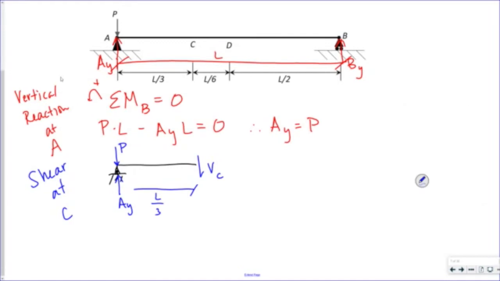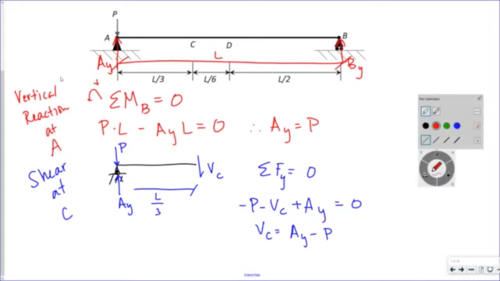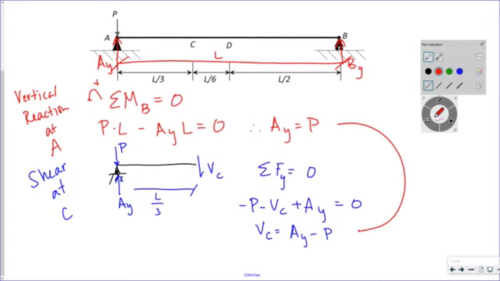Okay, well, let's see. I can do the sum of the forces in the y direction is 0. Downwards, I have P and VC, and upwards, I have AY. So VC is AY minus P. And I just found out earlier, AY is P.